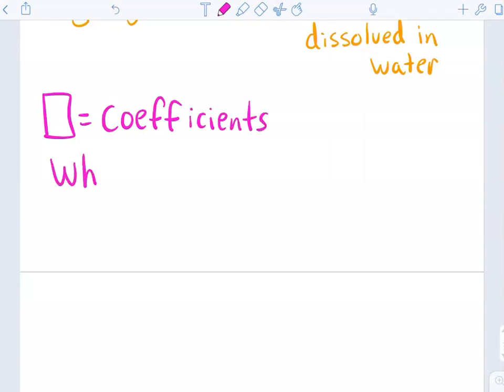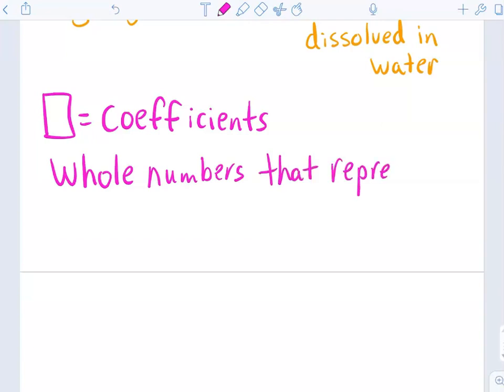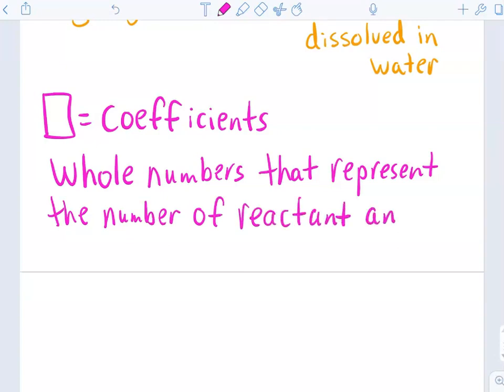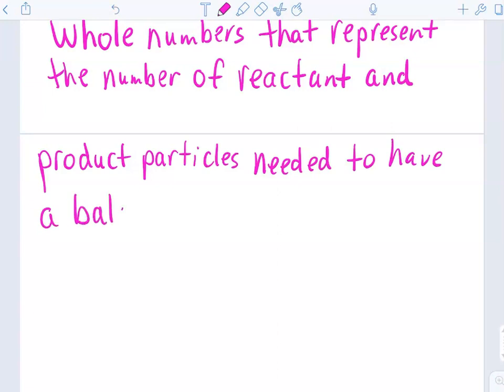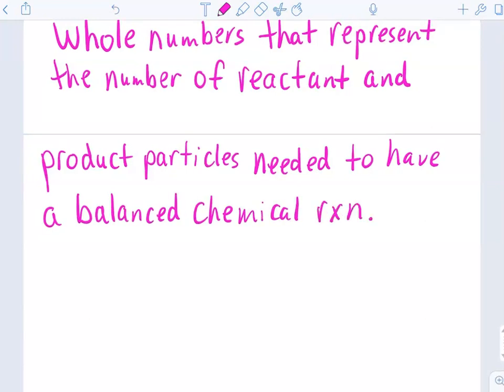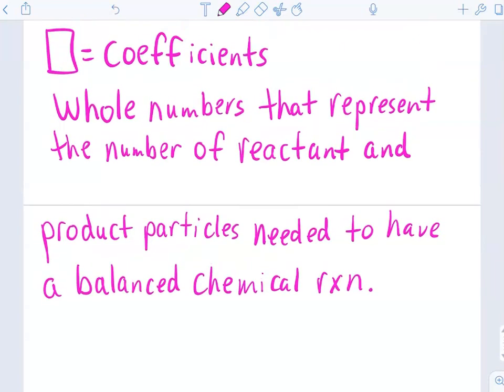And so the coefficients are whole numbers that represent the number of reactant and product particles needed to have a balanced chemical reaction.